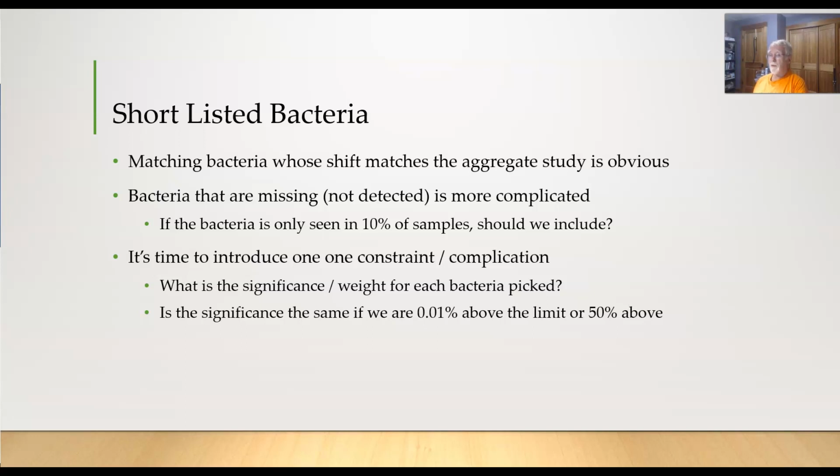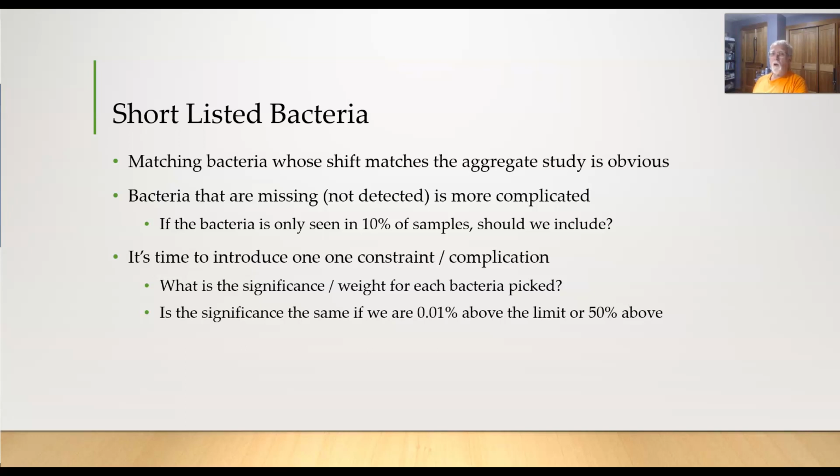Example is, if bacteria is seen only in 10% of samples, should we include it as zero or not? You go down two different calculation paths and confusions making that assumption. And it's up to you whether or not you choose it. I know I've gone to the exclusion of it simply because, let's say, experience.